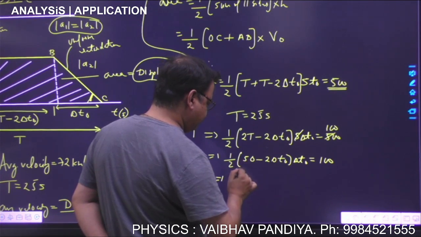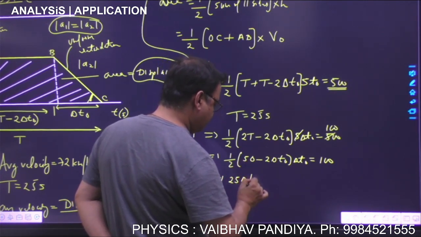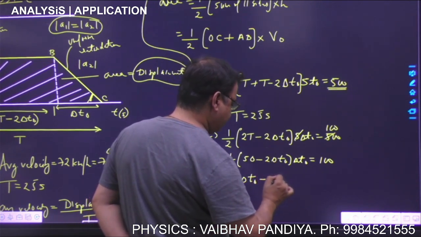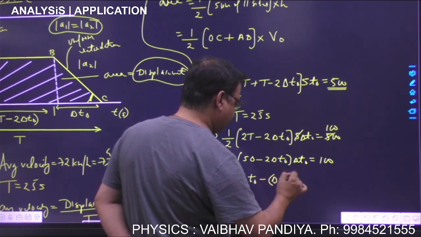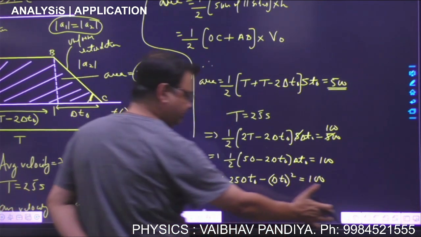So I'll get 50 by 2 is 25 delta t naught minus 2 by 2 is 1, so delta t naught square is 100. Okay, this is the equation we are getting.